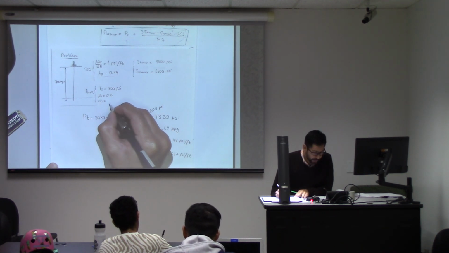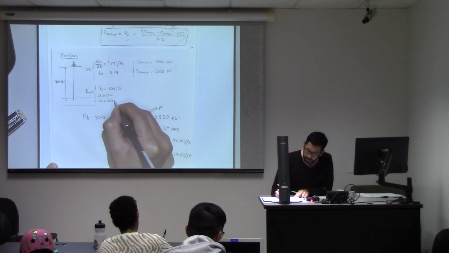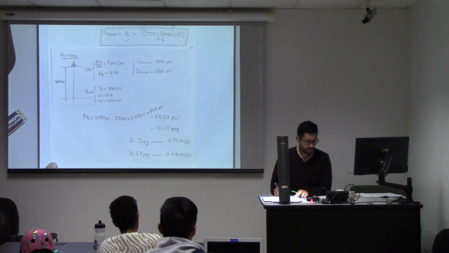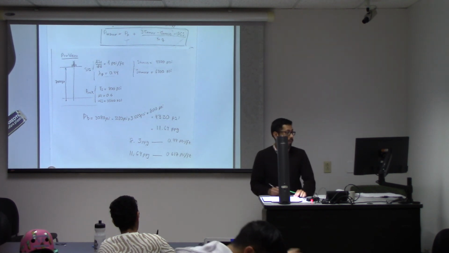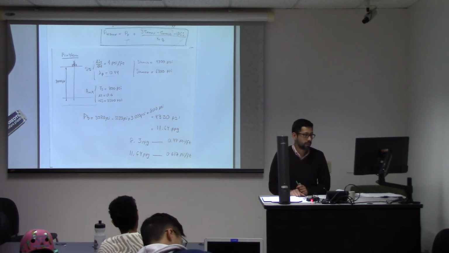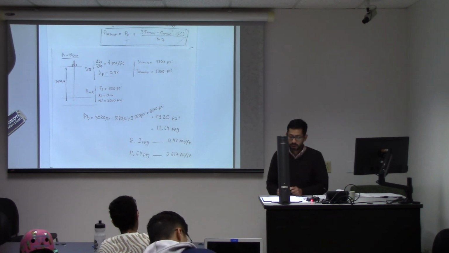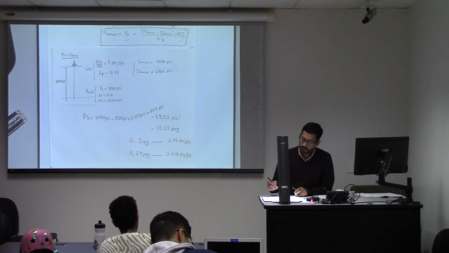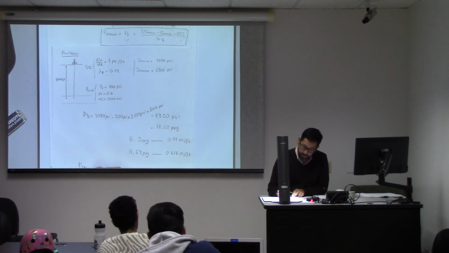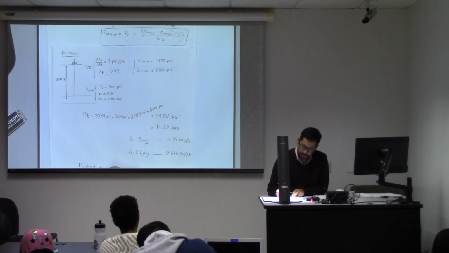It has a UCS of 3,500 psi. So with that additional data and keeping the other variables all the same, you should be able to tell me what is this value PW shear. Okay?